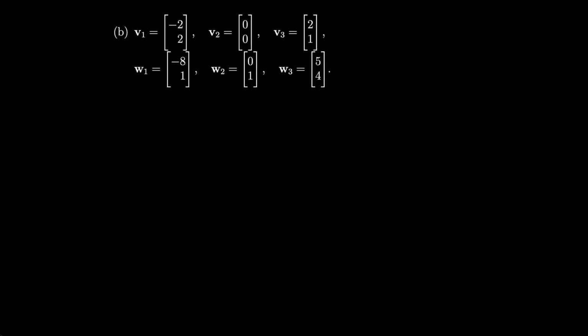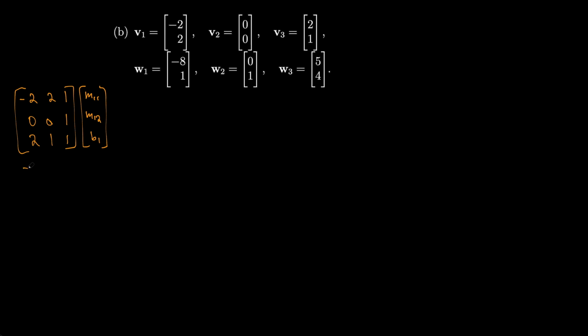So we have minus 2, 2, 1, 0, 0, 1, 2, 1, 1, for the matrix that we multiply by M11, M12, and B1.